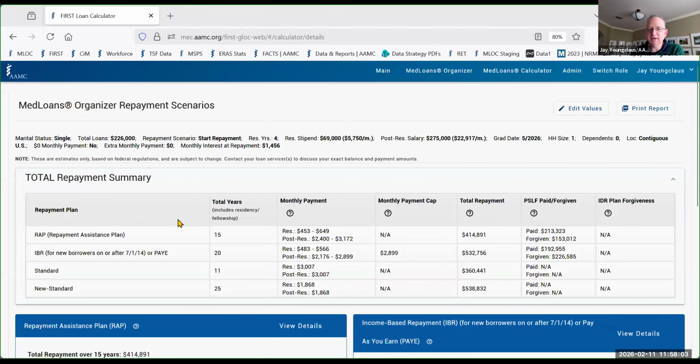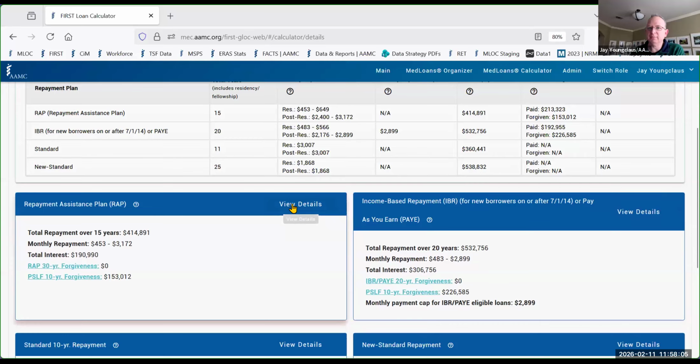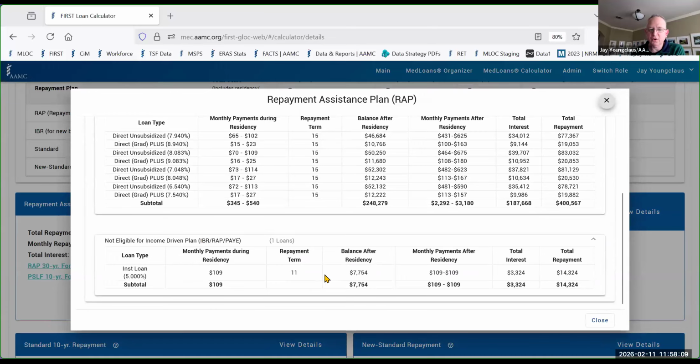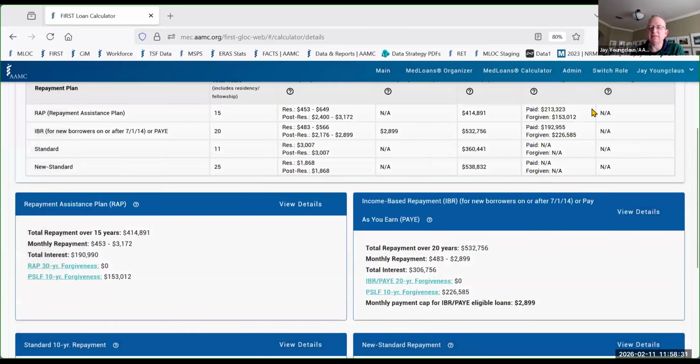And then what we'll see here in the output, again, I don't want to spend all the time because I've covered a lot of these, but I just want to show in the view details, what you'll see is, oh, okay, this loan is in here and it's being paid at the same time as the RAP plan on the federal loans. So in this case, because this loan has an 11-year term and the repayment plan is fixed, we're making $109 a month payment on top of the federal loan. And this gets at what Jonathan was saying.